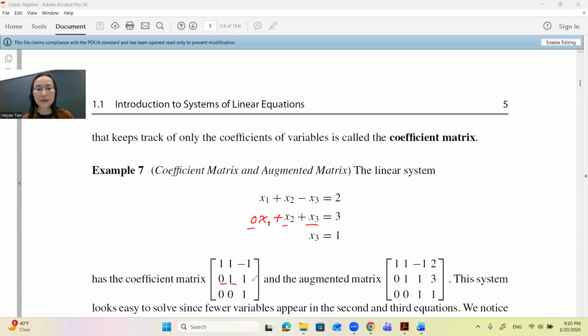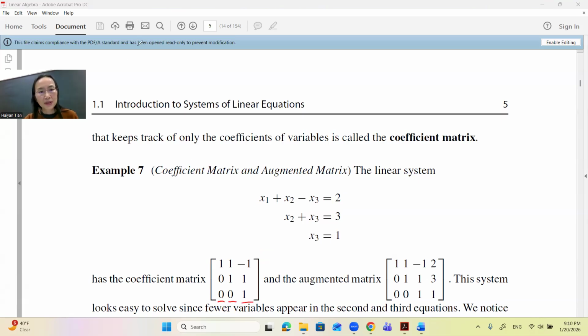And the third equation. Do we see x1, x2? No, we see only the x3 variable. So that means the x1 variable doesn't appear, and we have a 0 coefficient, and a 0 coefficient for x2. So the coefficients for the 3 variables are 0, 0, 1.